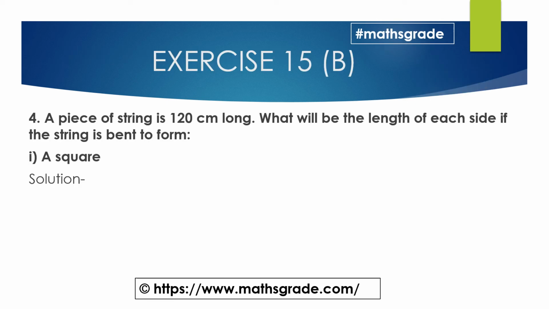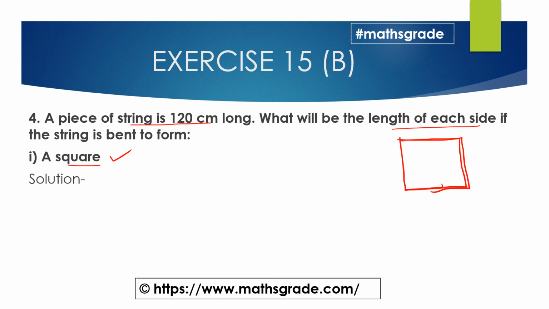Now we solve question number 4. A piece of string is 120 centimeter long. What will be the length of each side if the string is bent to form a square? This is the square, and the piece of string is 120 centimeter long.